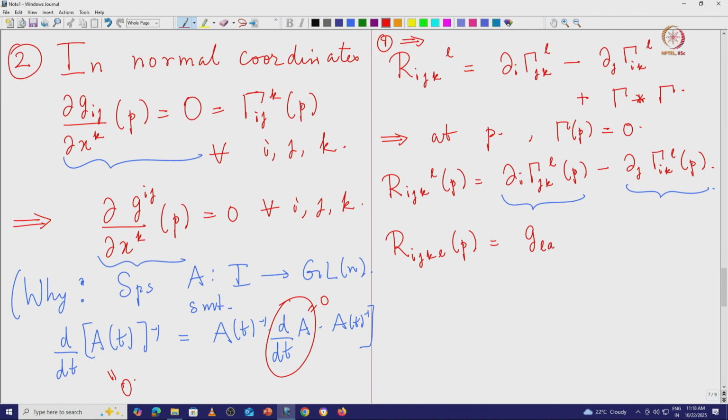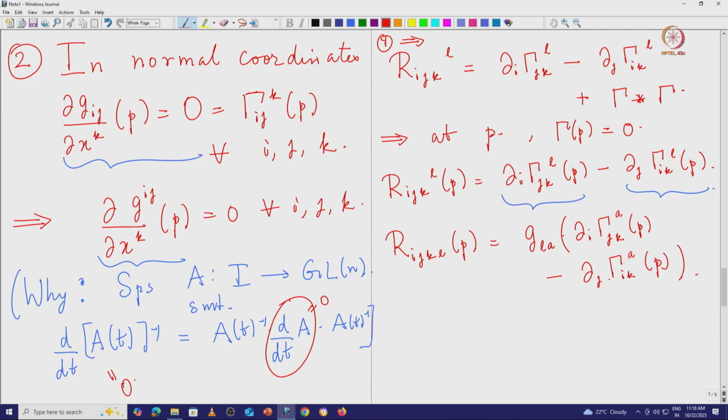So that is g_lA times del i gamma jk A at P minus del j gamma ikl at P. Okay.